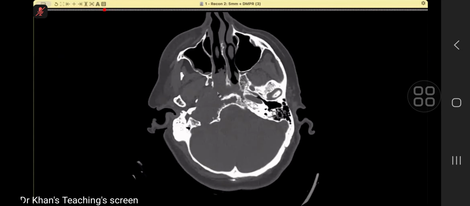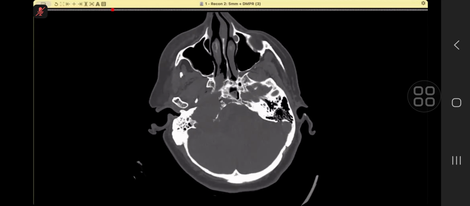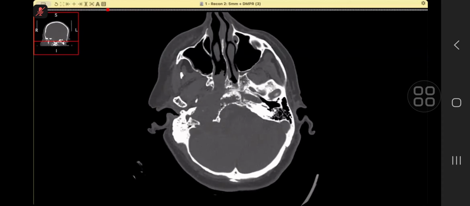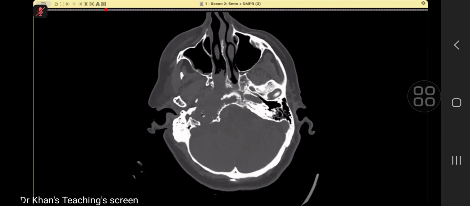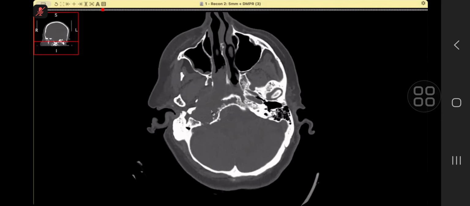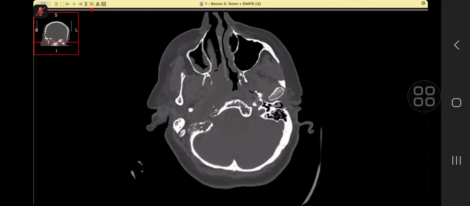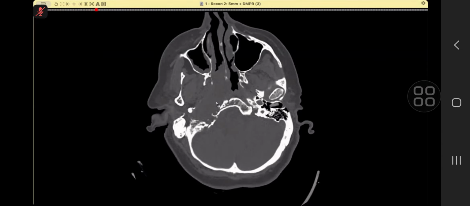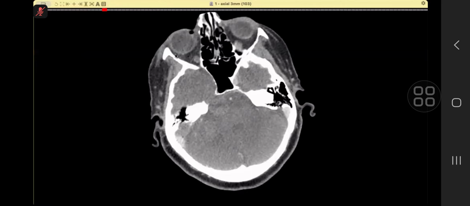of the right side of the clivus, and also somewhat the basisphenoid. I am looking, there are also tiny foci of calcifications. I think the carotid canal is also involved by this lesion, and the foramen lacerum is also involved.